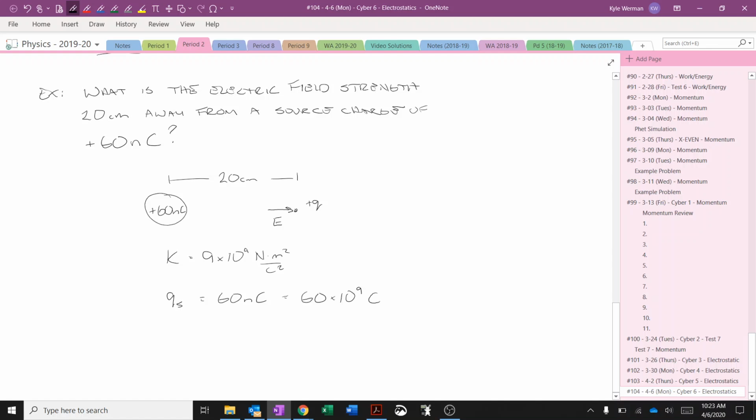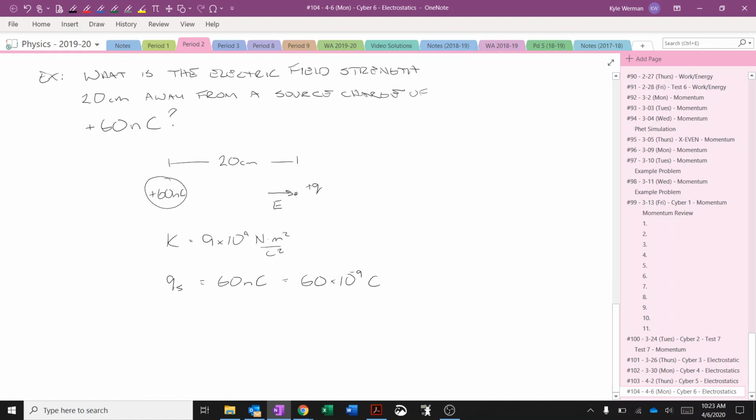Remember our trick, nano is 10 to the negative 9. The distance d is 20 centimeters, which is 20 times 10 to the negative 2 meters. Hopefully you recognize that would be 0.2 meters either way.